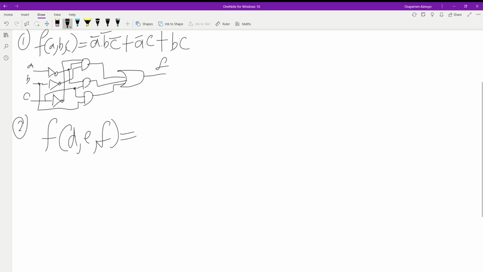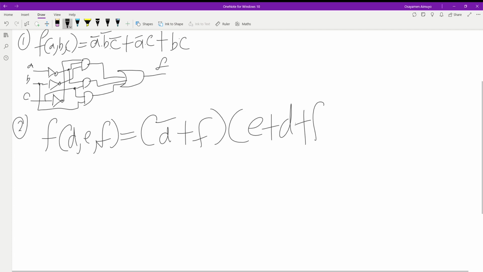Okay. So let's say we have D bar or F. Okay, just D bar F, that works. Okay, D bar F, and then let's see here, we have E or D or F. Okay, so these two should suffice, and one more term wouldn't hurt. So we just have D or E.